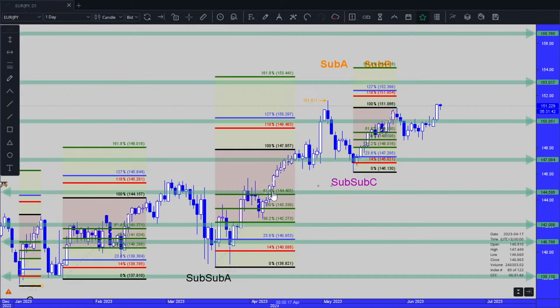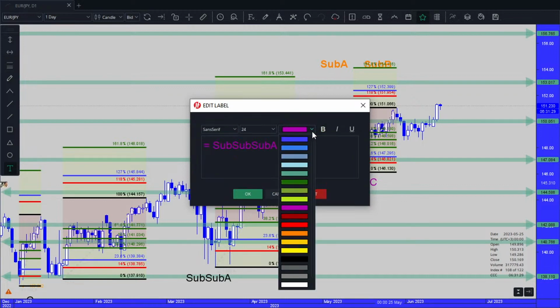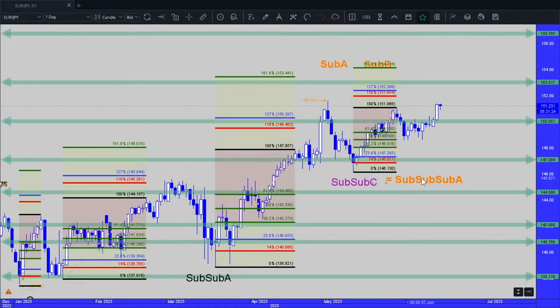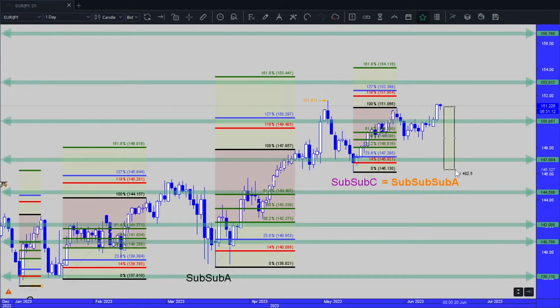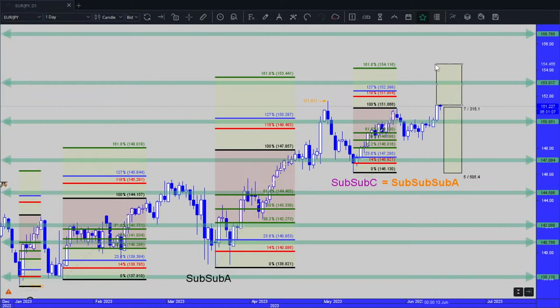This is my sub C, and my sub C equals sub A. Here is the question: so far, can I buy this sub A? Can I enter here with stop loss in here, and take profit up in here?